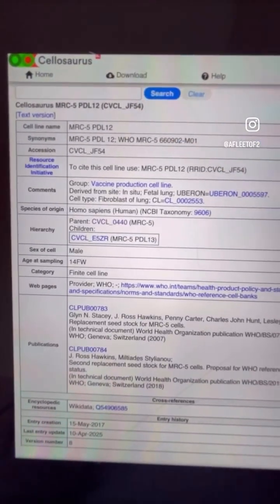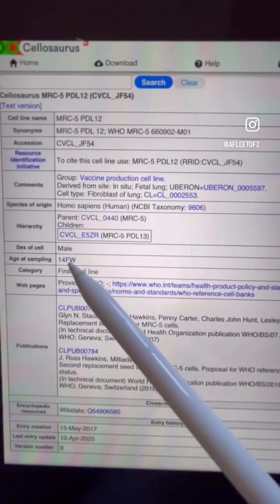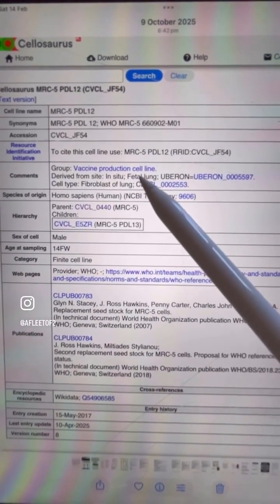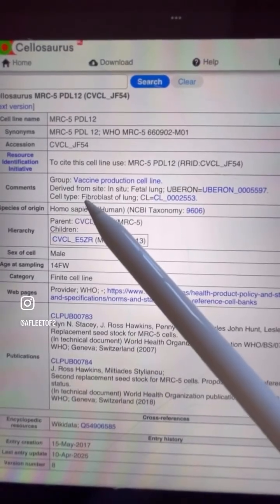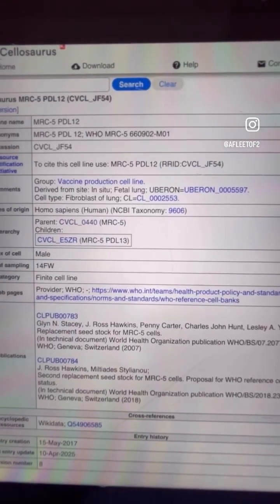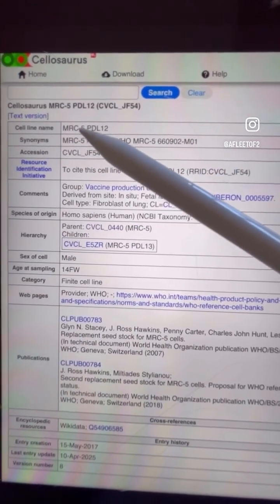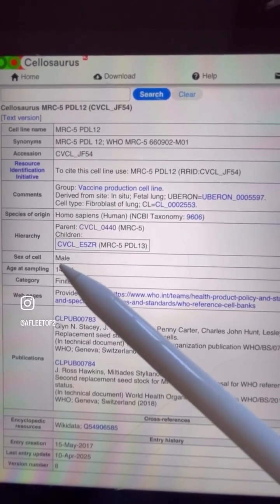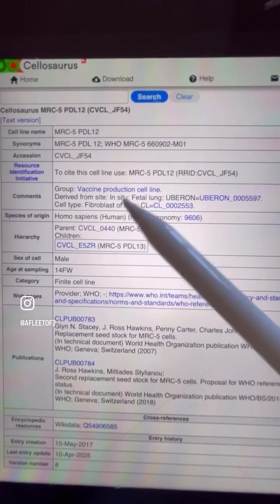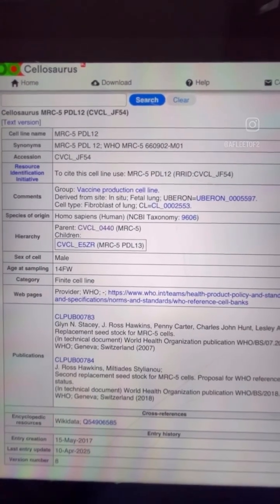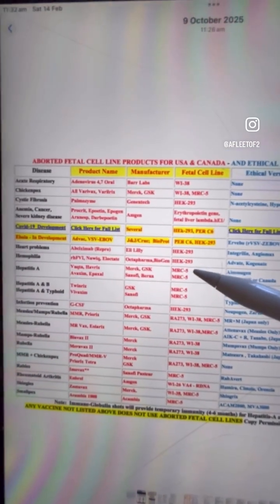Another one from Cellosaurus is a 14 fetal week male, and they used the fetal lung, of the fibroblast cell type, fibroblast of lung. That is the MRC5. So this is from a 14 fetal week male, derived from the fetal lung. If we look for MRC5, there it is.